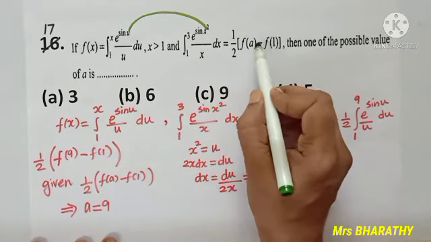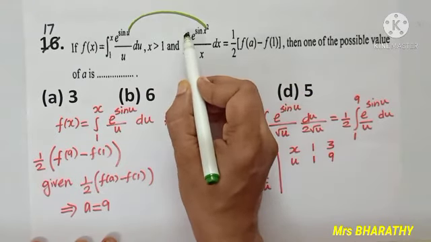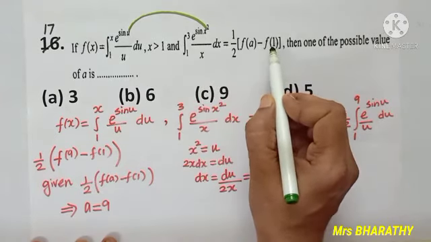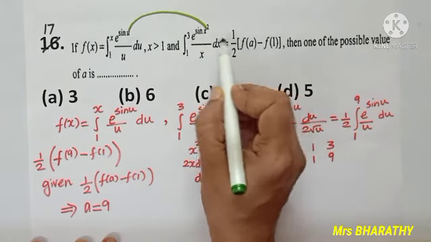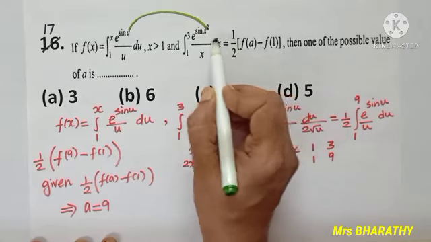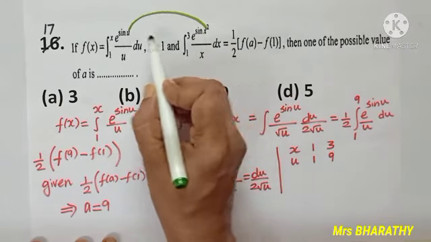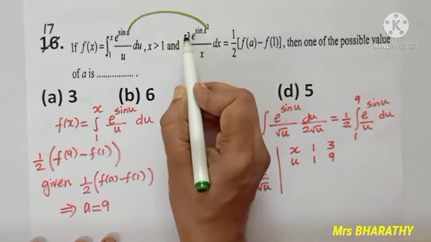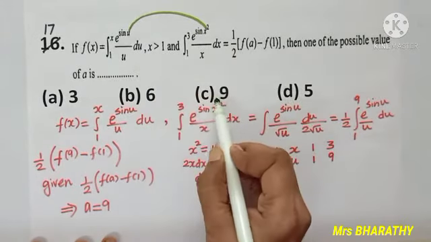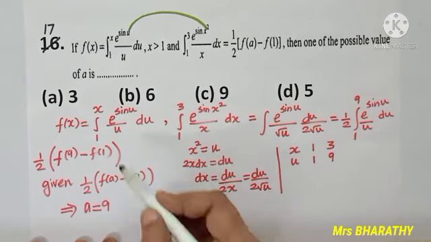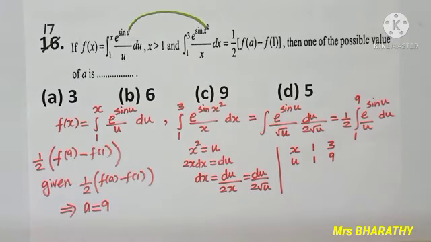It will be f of upper limit minus f of lower limit. So if x is 3, u will be x square, that is 9. So when I compare, I can just write 9 immediately even without working all this.